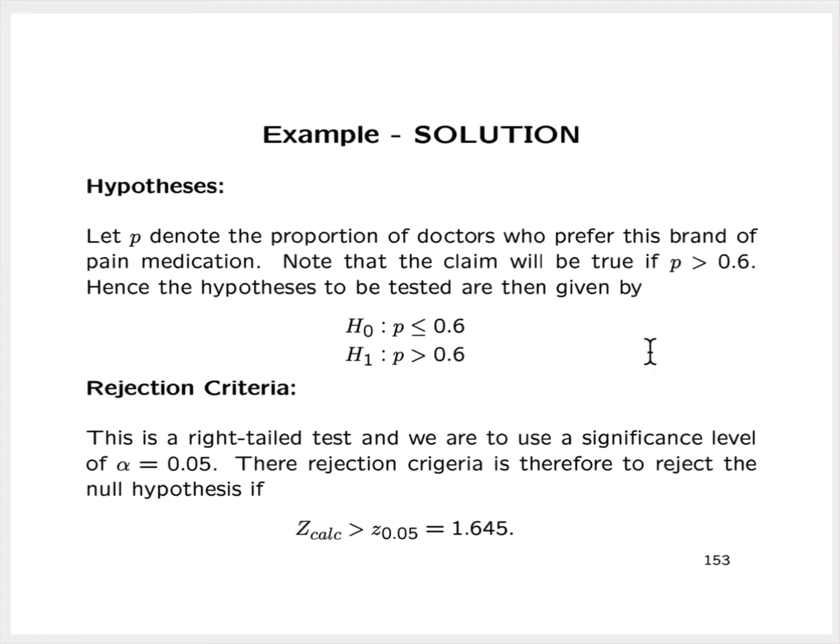And so let P denote the proportion of doctors who prefer this particular brand of pain medication. Note that the claim made in the advertisement will be true if and only if P, the proportion of doctors, and again I'm stressing proportion here as different than the percentage, right?